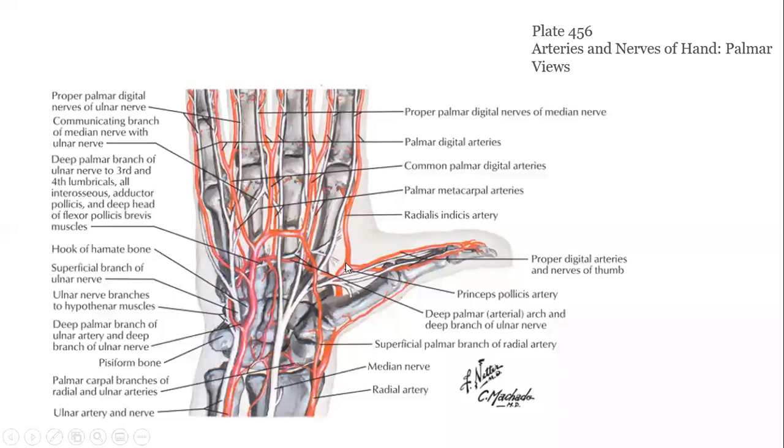The other blood vessel I want to make note of is your radialis indicus artery, the artery to the index finger, which branches off of the radial artery. It gives blood supply to the lateral side of your index finger. So princeps pollicis and radialis indicus are both branches from your radial artery.